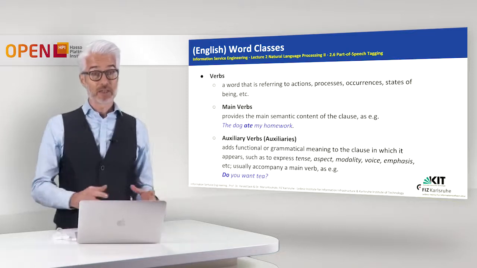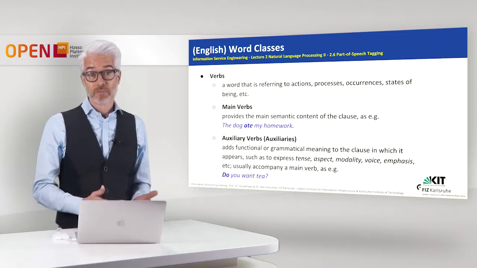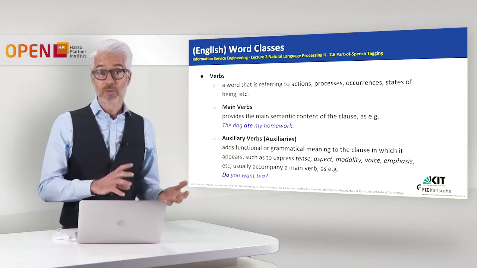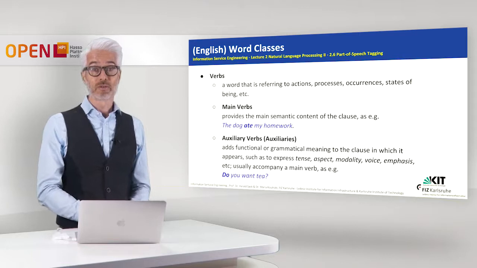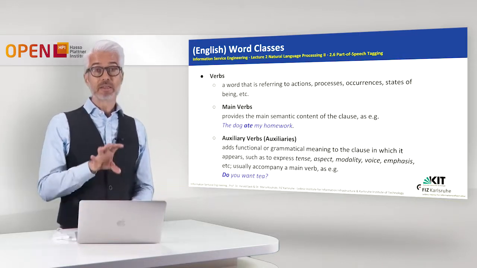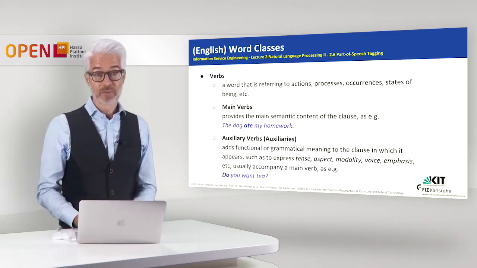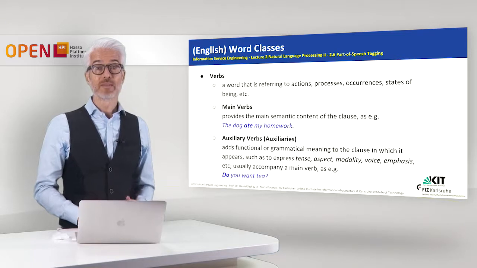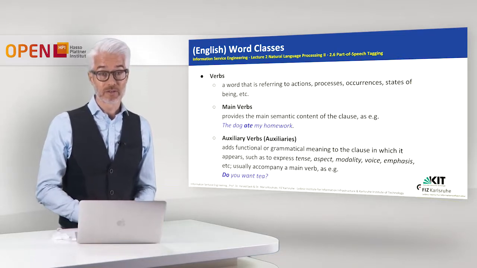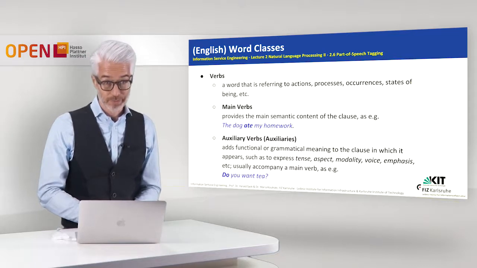So these are nouns. Then the second major class in languages usually are verbs. Verbs refer to actions, processes, occurrences, states of being, and so on. There we also distinguish 2 different classes of verbs. First we have the main verbs, which provide the main semantic content of a clause, like in the famous clause, the dog ate my homework.